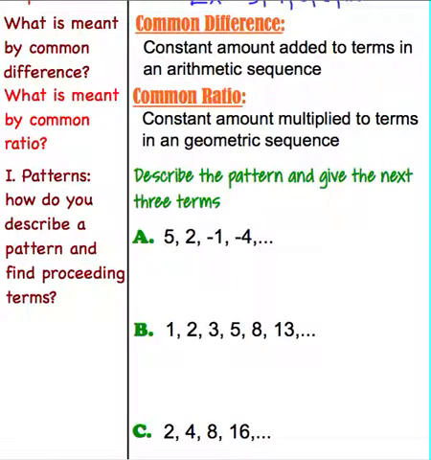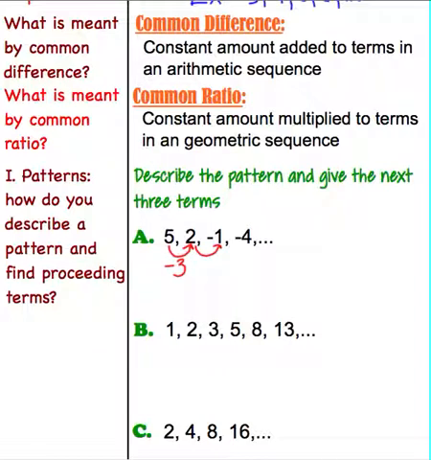So our first problem is 5, 2, -1, and -4. What I do is I look here and say, to get from here to here, I am subtracting 3 or adding -3. And then from 2 to -1, if I go down 1, that's 1. Down another one, that's 0.